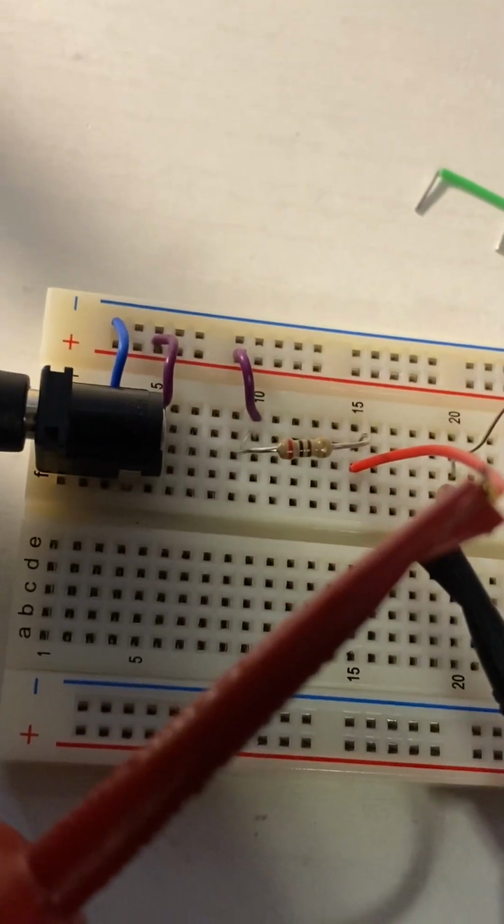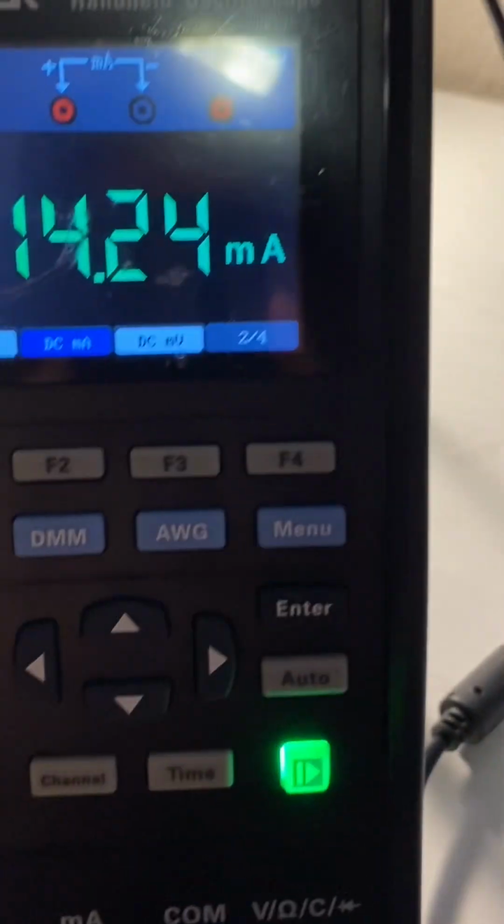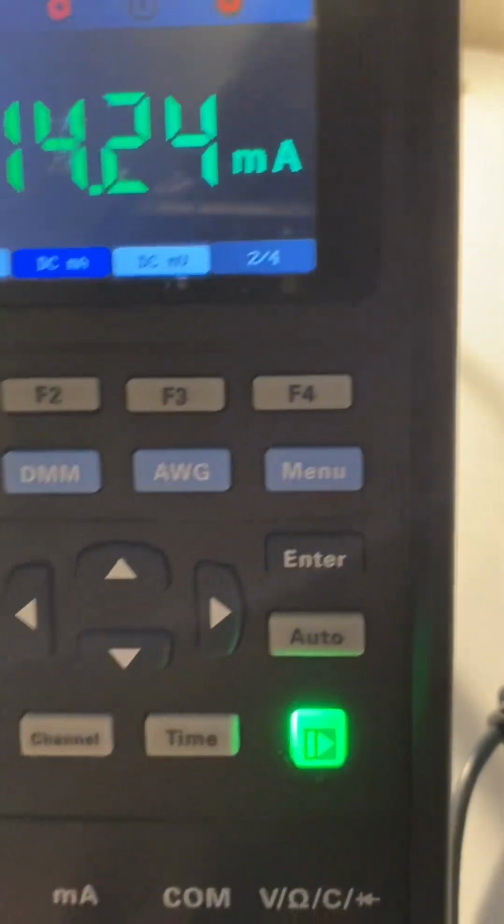So here we break the circuit and we read our I1 measured value, which is 14.24 milliamps.